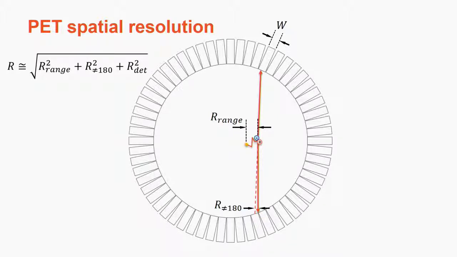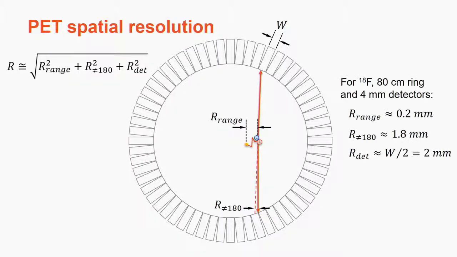And these factors all combine in quadrature as shown by this equation. To just give you a quick example, if you were imaging fluorine 18 in an 80 centimetre detector ring system with 4 millimetre detectors, you'd get numbers like this. And I just want you to note the acollinearity effect here is quite substantial.